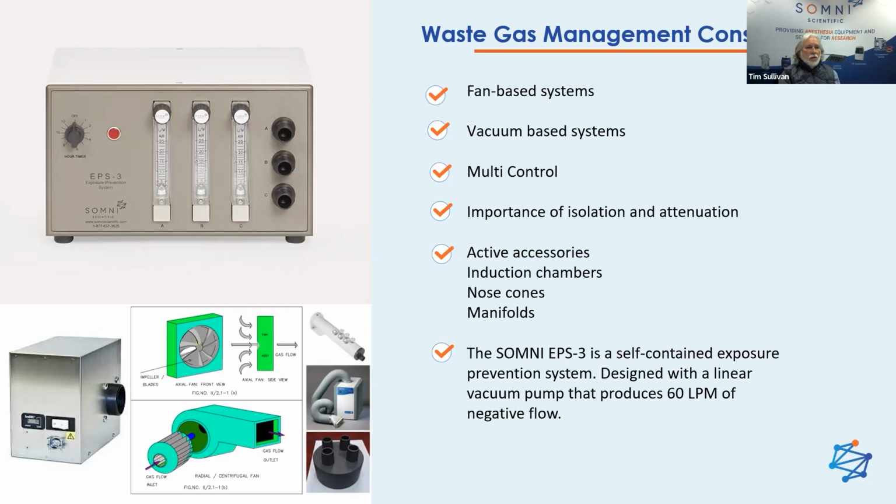This negative vacuum is precisely controlled through 3 independent flow meters, giving the user the ability to get the precise amount of negative flow needed for each device. Different devices are going to need different amounts of negative flow applied to them. An induction chamber is going to use quite a bit more than a nose cone. So adjusting this negative flow is pretty important.